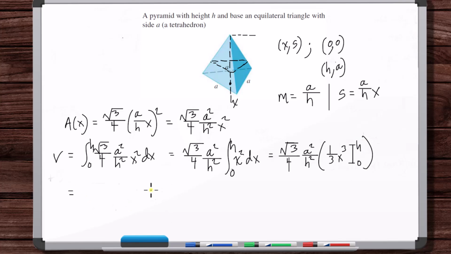We take out that 1/3, and then this is just h cubed. So these cancel, and we've got root 3 over 12 a squared h. And that's the volume.